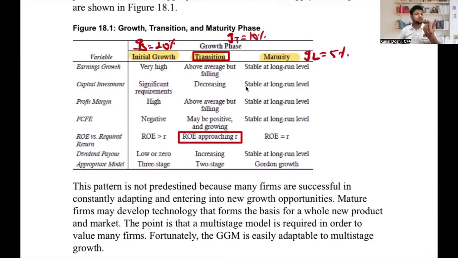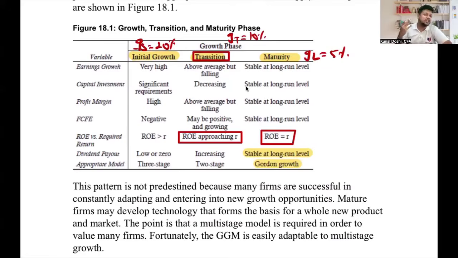So that's a two-stage model generally used for these companies. Companies which are mature, they grow at a constant rate where the ROE is already at the cost of equity. So these companies use a stable or constant growth rate model. Got it, everyone? What we saw is the constant growth rate formula, and we also saw the two-stage and three-stage where the formula is the same.